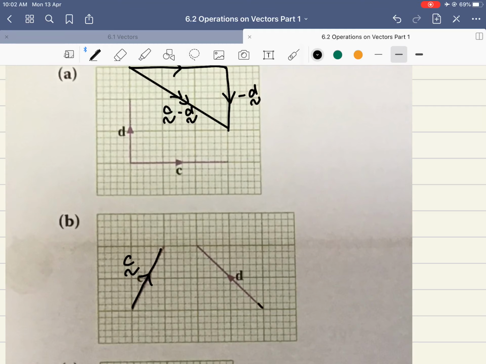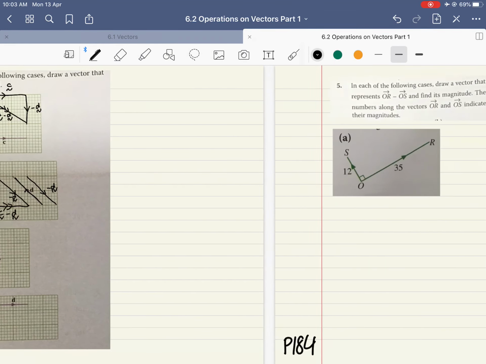It is vector C minus D. D is going upwards. Hence, negative D will be going downwards like this. So C minus D, this will be negative D. The resultant is shown below here. This is vector C minus vector D.